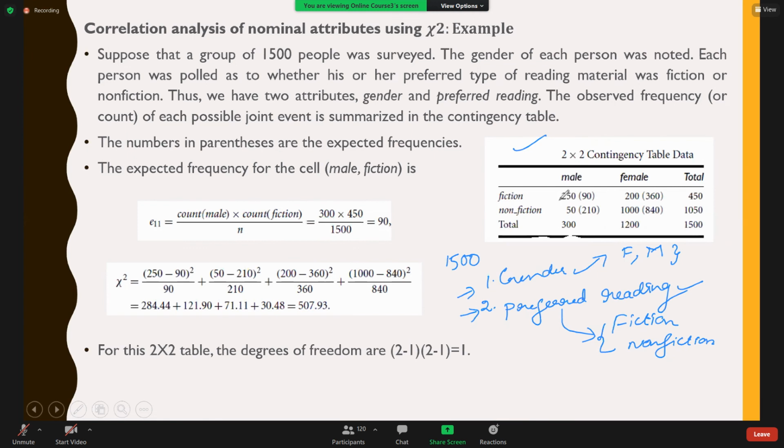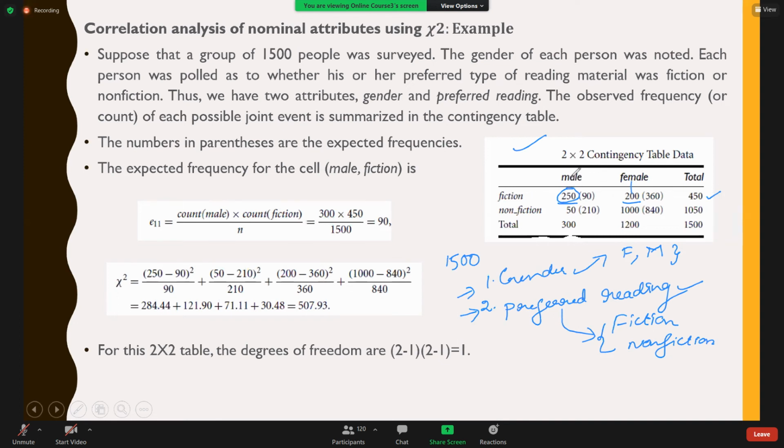For example, if you consider this 250, this 250 indicates that among these 1500, 250 are male and they prefer fiction books. That is the meaning of this 250. Let's discuss this 90 later. First, we'll see this frequency. And this 200 indicates that 200 are female and they prefer fiction books. So 250 plus 200, total how much? 450. So 450 people prefer fiction books.